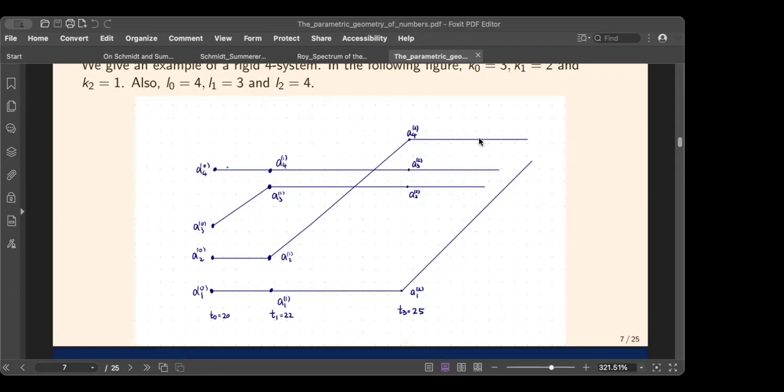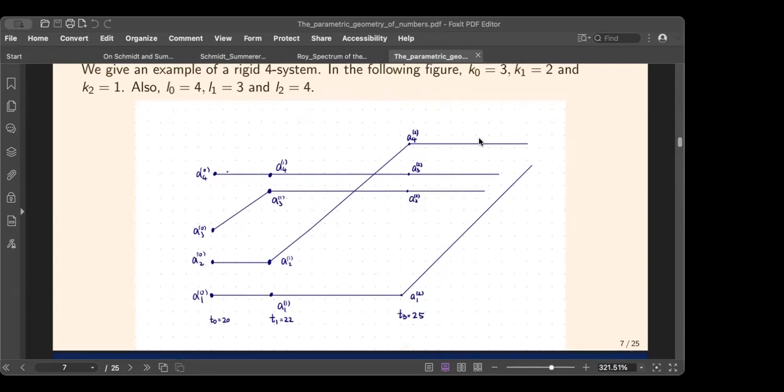And L_i means that the left side of A_{L_i} has slope 0, then slope 1, and in the right-hand side has slope 0. For example, in T_1, L_1 equals 3. So this is the definition of K_i and L_i.